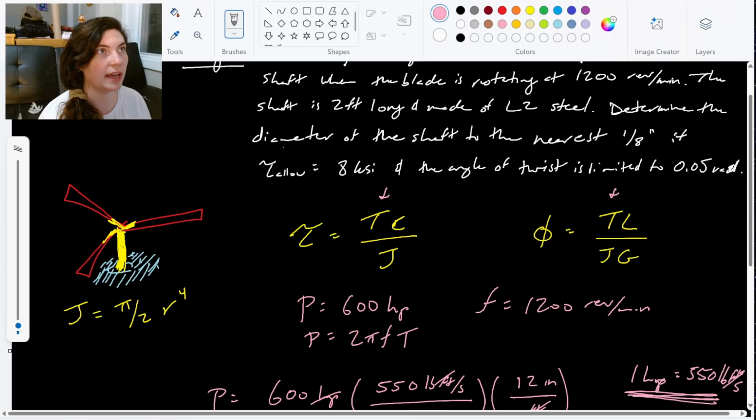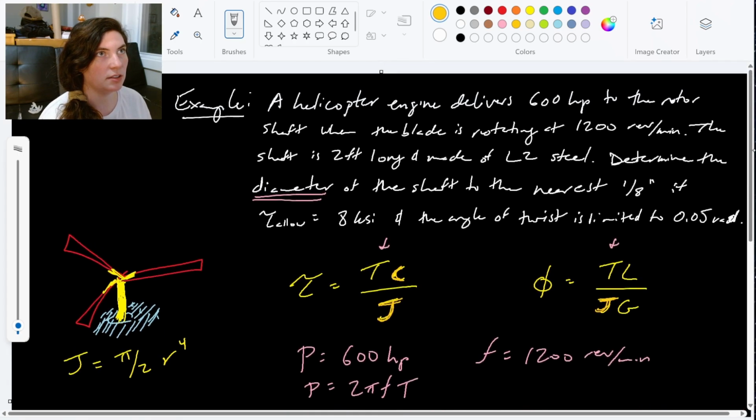Because we want to know the diameter, right? Looking for this diameter. Our radius comes in our c portion here. J, the polar moment of inertia, has radius in it. We know our shear modulus of elasticity.